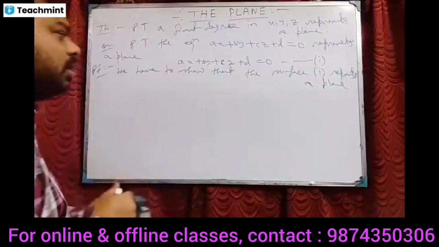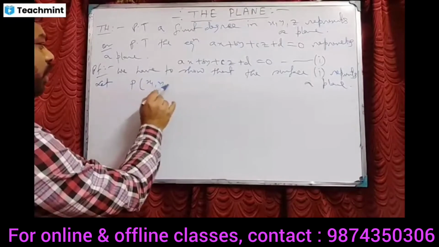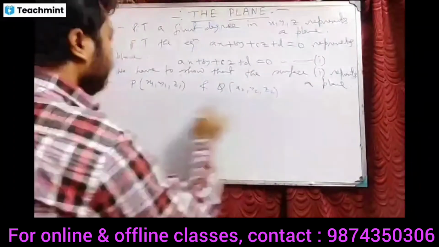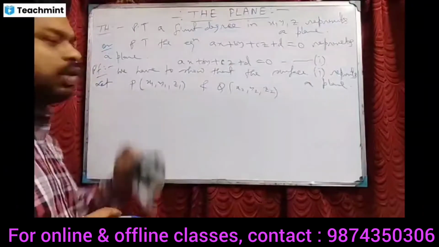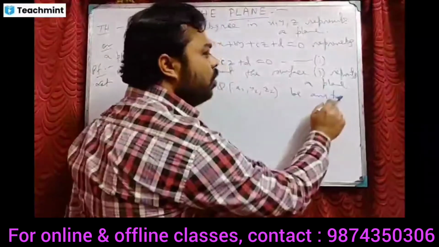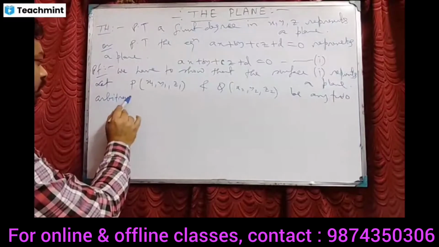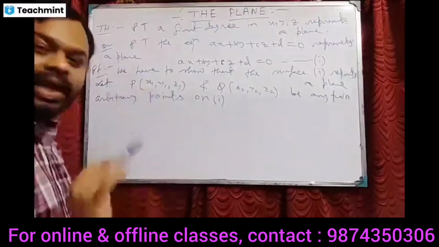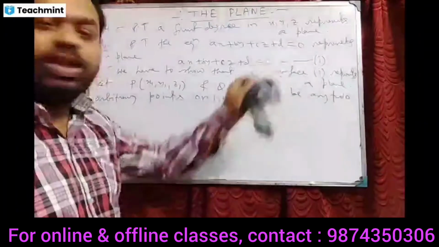Let P (x1, y1, z1) and Q (x2, y2, z2) be any 2 arbitrary points on the surface 1.